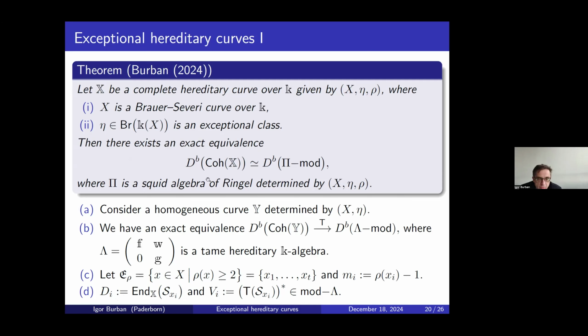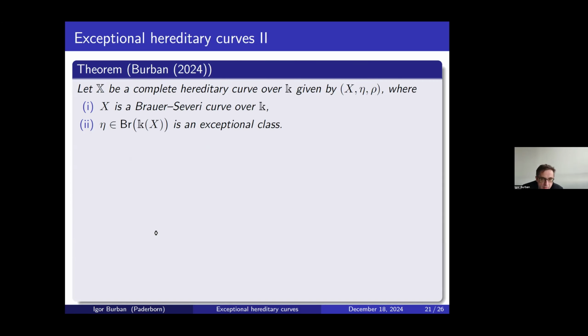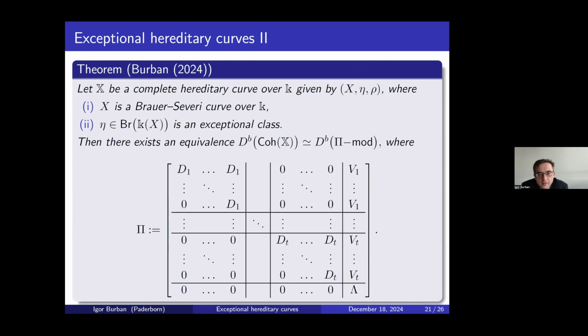And now I wanted to tell you what is phi. So now I can tell you what is phi. Phi is a finite dimensional algebra given in the following matrix form. So I have lambda, this hereditary algebra, in a 2 by 2 matrix. On the diagonal, I have blocks. So D_i is the endomorphism algebra of my simple regular module.